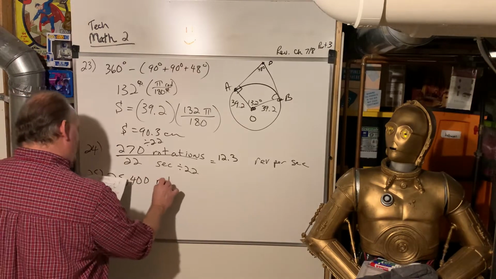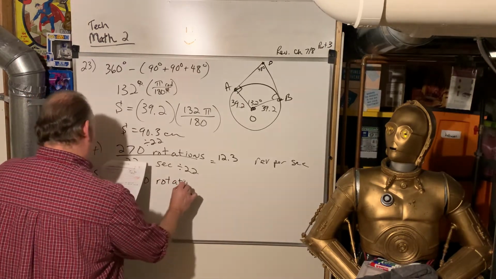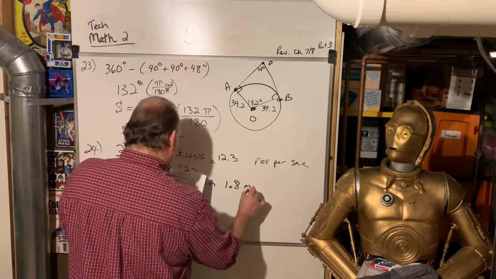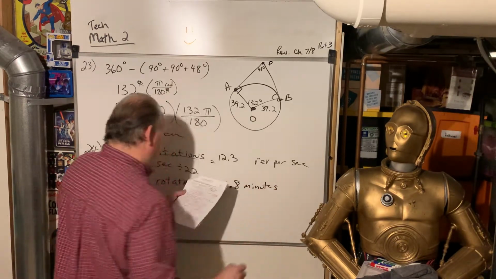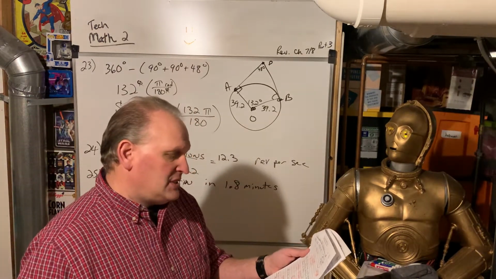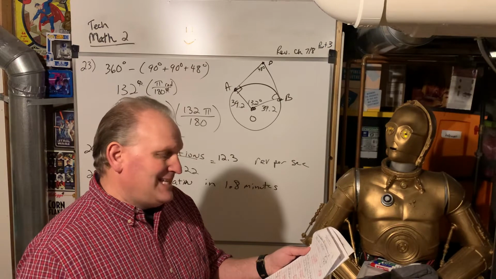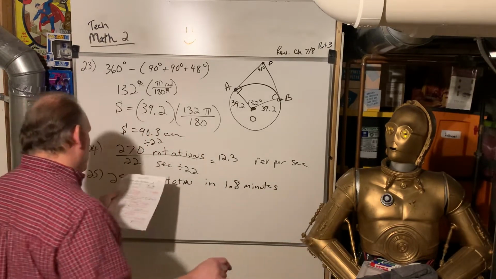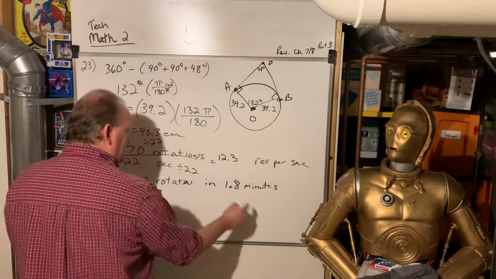All right, 25. 25,400 rotations in 1.8 minutes. All right, and now they want it in revolutions per second. So this is going to require me to change minutes into seconds.